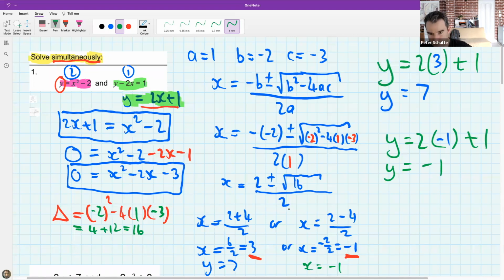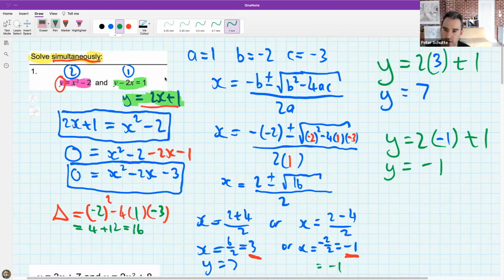Now, these questions are worth 6 or 7 marks, but you can see it's a very definite process. And so the answers to this question are going to be x is 3, y is 7, or x is minus 1. Oh, I shouldn't say x down here. I should be saying y. Sorry. Or y is minus 1. And those are the simultaneous solutions to this quadratic simultaneous equation.